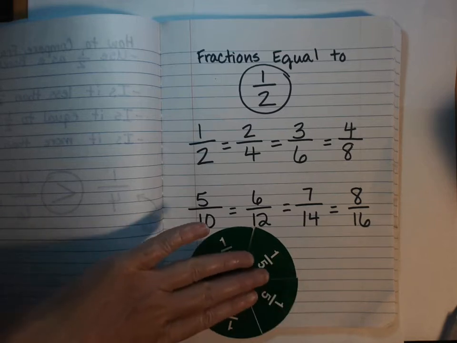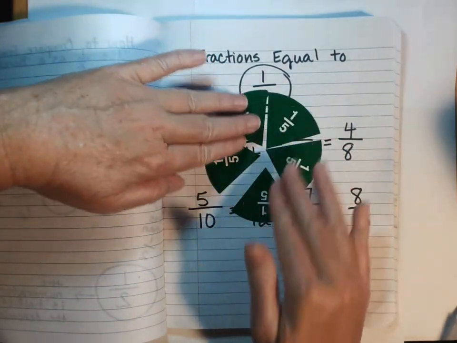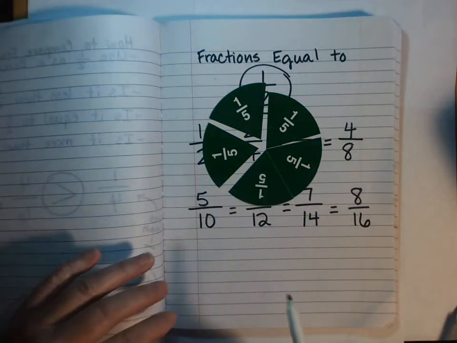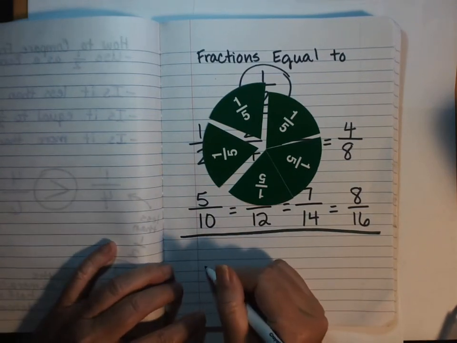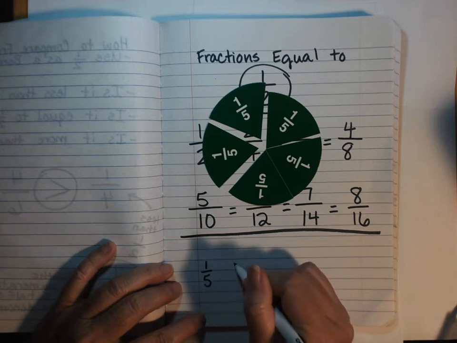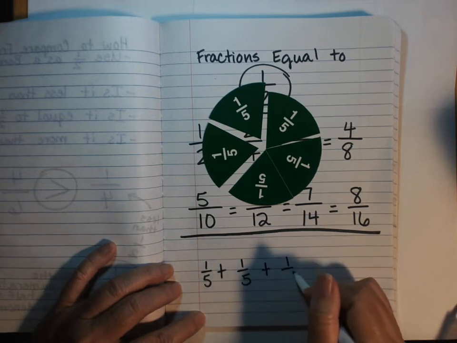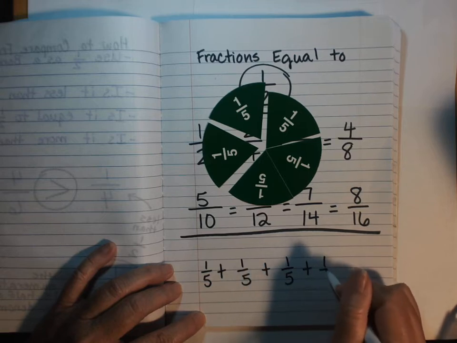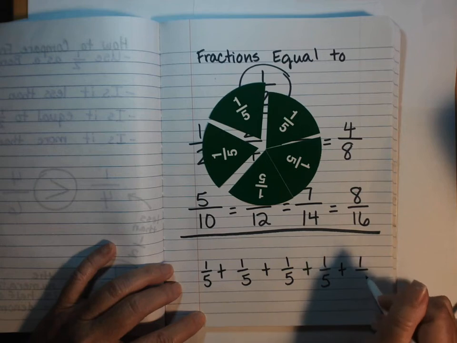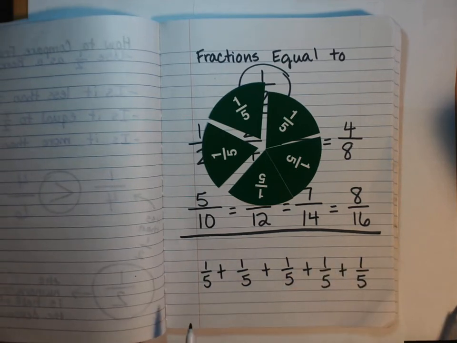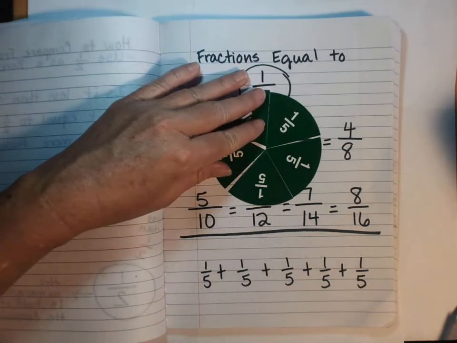Okay, so let's say if we have fifths, 1/5 plus 1/5 plus 1/5 plus 1/5 plus 1/5, that's going to be equal to 1 whole, 5 out of 5.